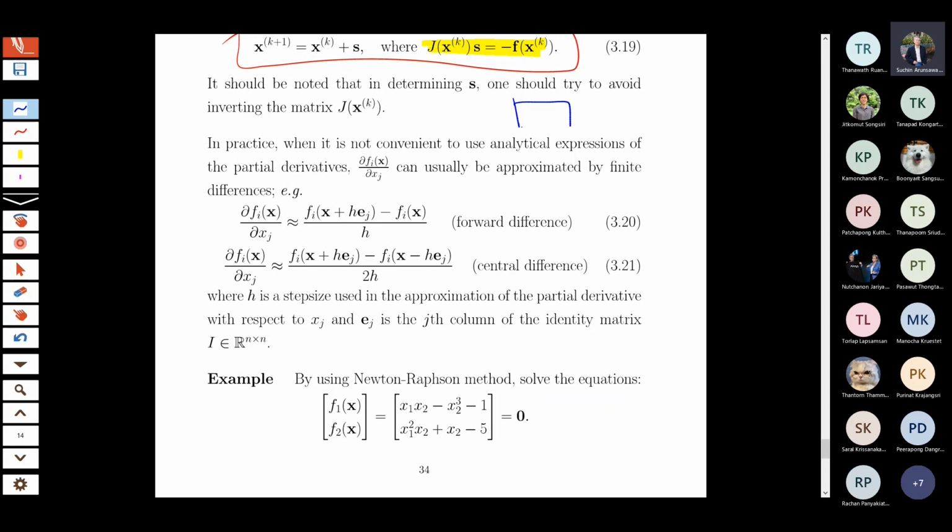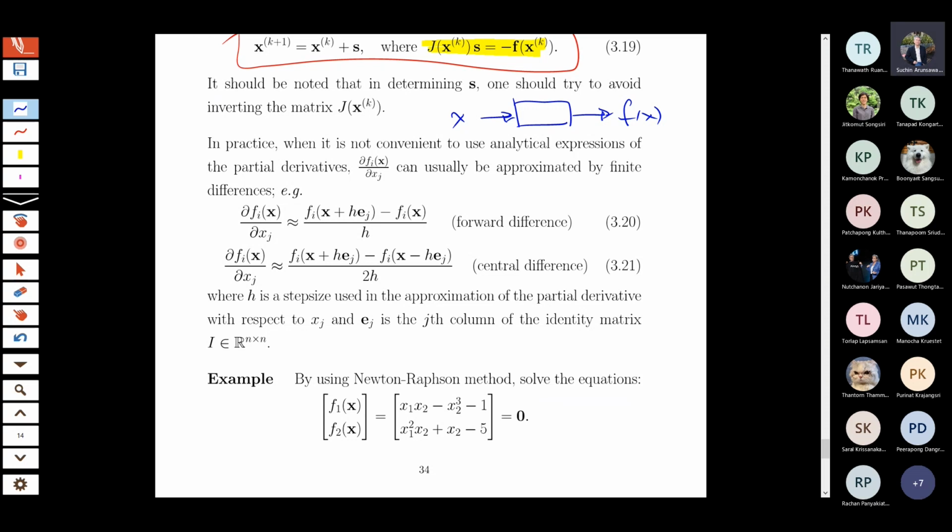In the real situation we may know f as a program, a function: given x, we have f(x). We know it as a black box, and it is difficult to find analytical expressions of the partial derivatives in many practical applications.